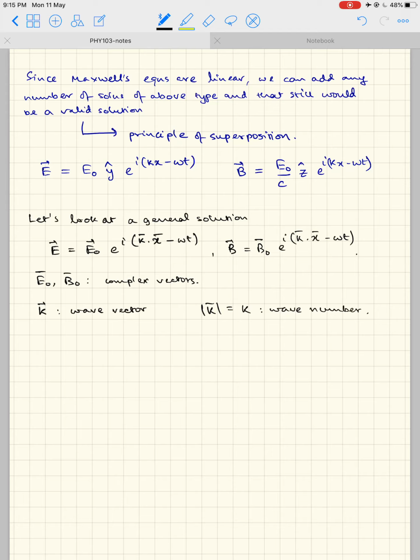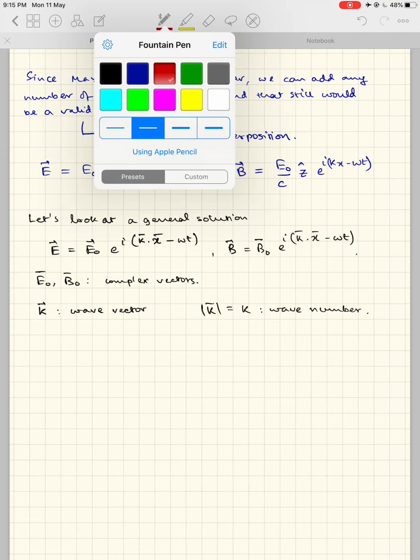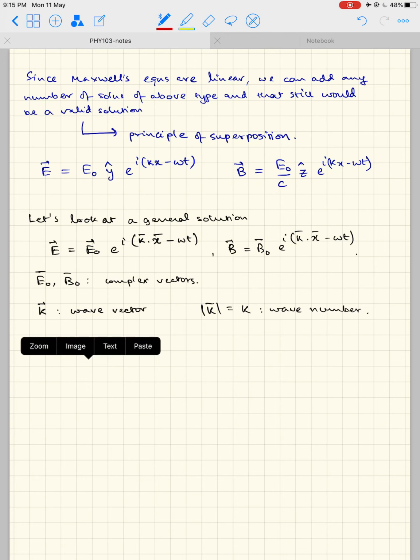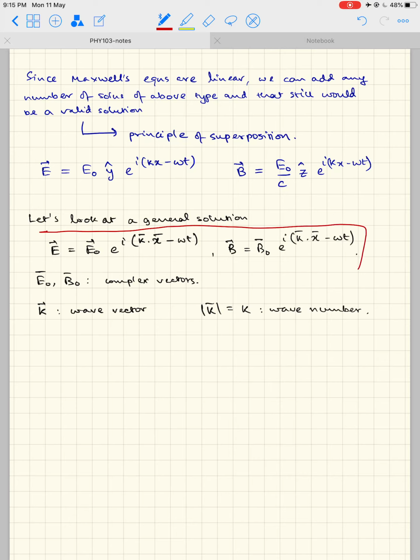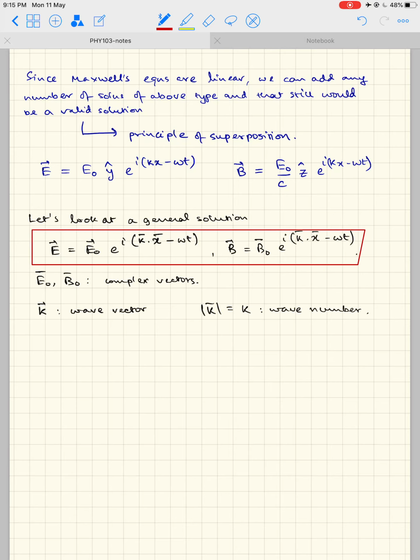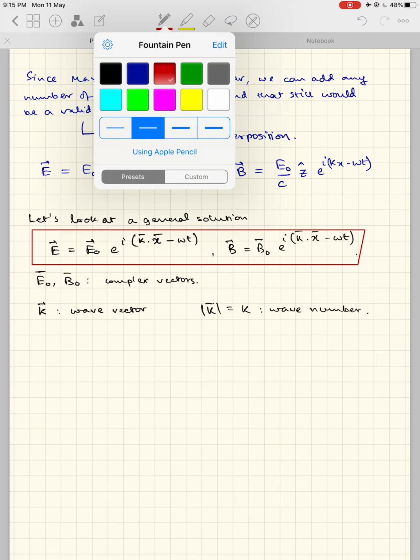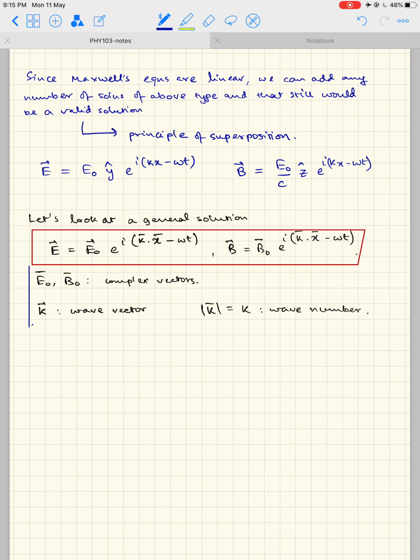Now notice that this particular equation solves the wave equation if omega squared is equal to c squared k squared.